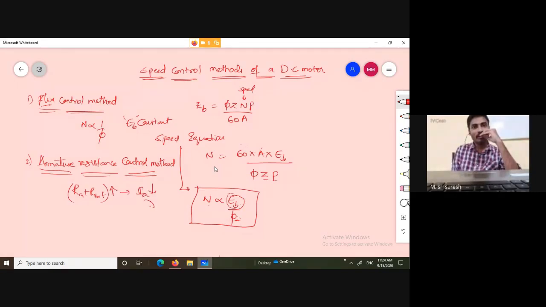The IA value will decrease. If IA decreases, IRA will decrease. If IRA decreases, EB will increase. If EB increases, the speed will increase. In this way, the speed can be controlled using the armature resistance control method. This is also used as a speed control method of a DC motor. So there are two methods to control the speed of a DC motor. We'll see them one by one now. The first one is the flux control method, and the second one is the armature resistance control method.